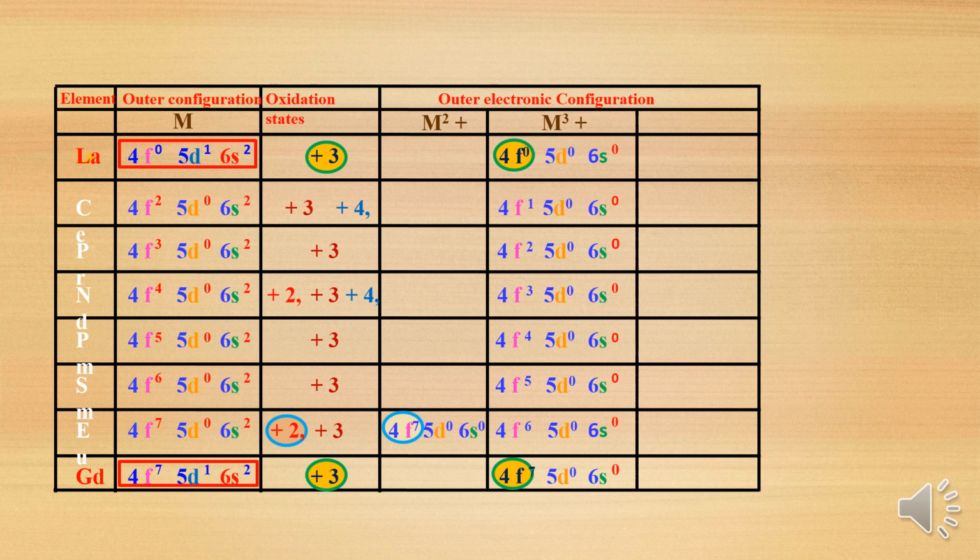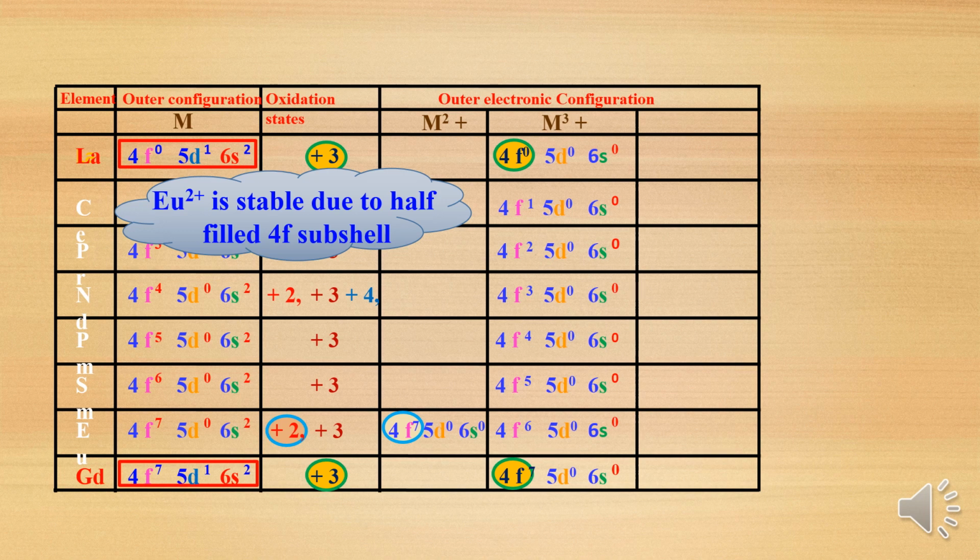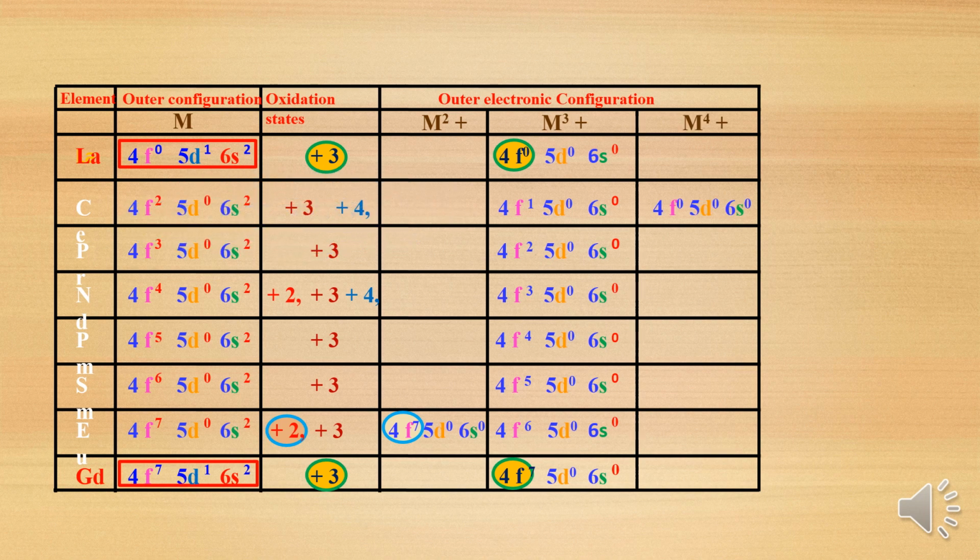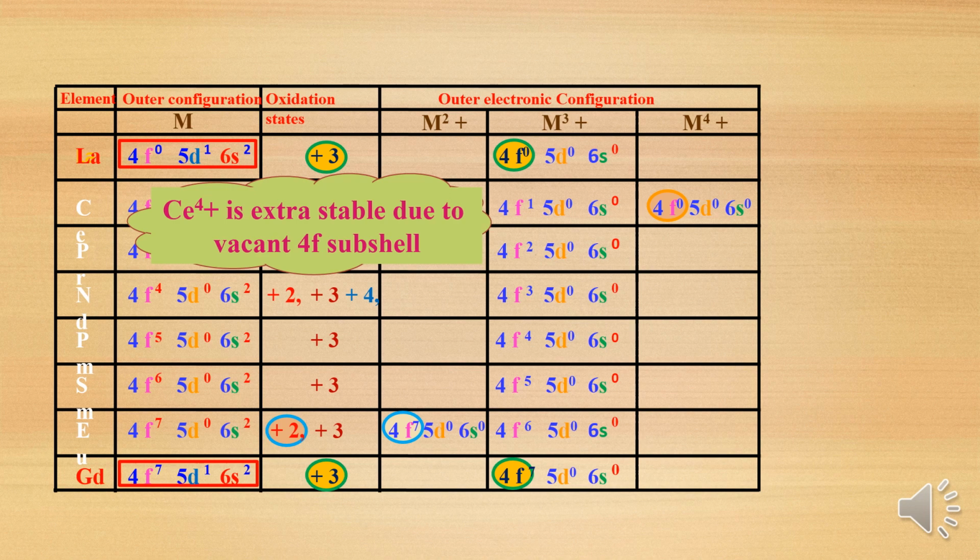Then one more: in the case of cerium, +4 is possible. There are two elements which possess the +4 oxidation state. See their electronic configuration with respect to the +4 oxidation state: it is a vacant orbital in the case of cerium.